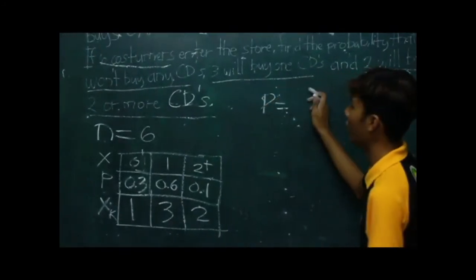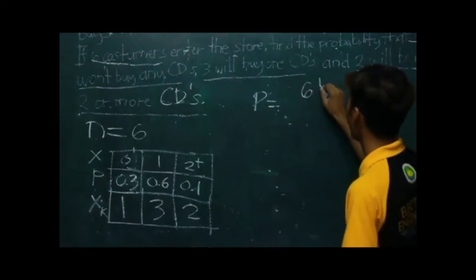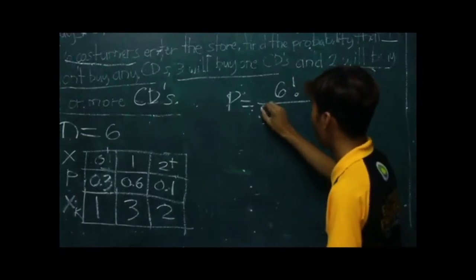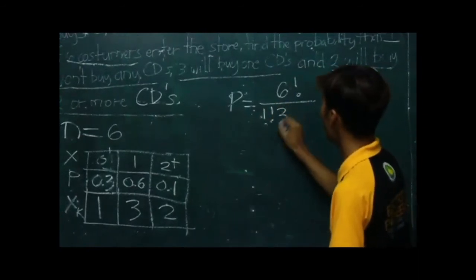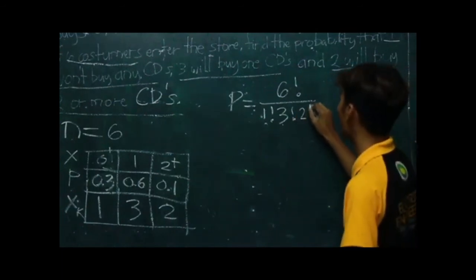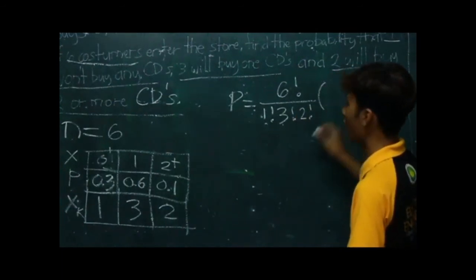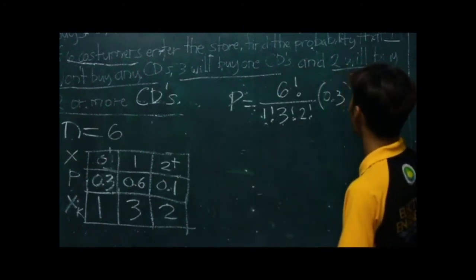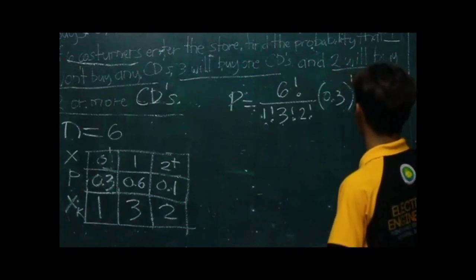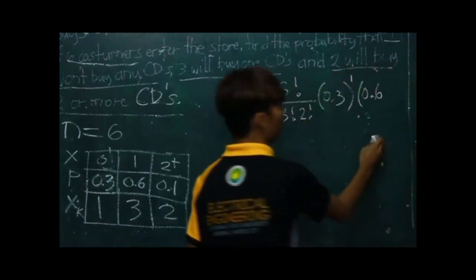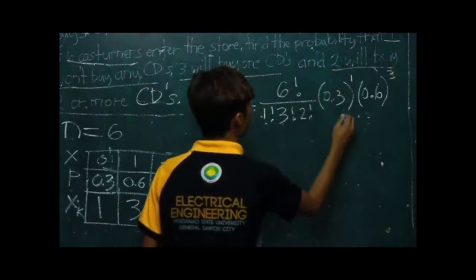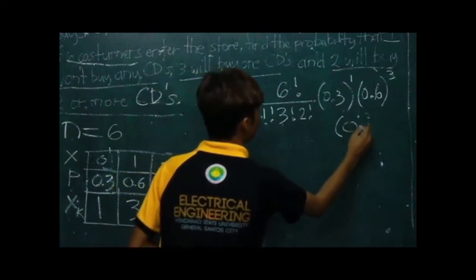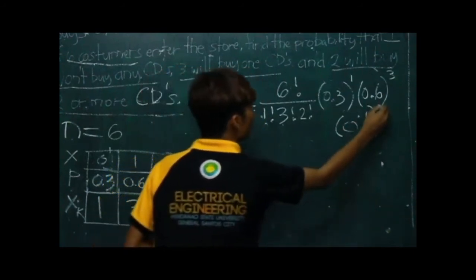Take the formula: n factorial, which is 6 factorial, divided by your x's, so 1 factorial, 3 factorial, and of course 2 factorial. Then your probabilities: 0.3 raised to x1, which is 1, 0.6 raised to 3, and 0.1 raised to 2.